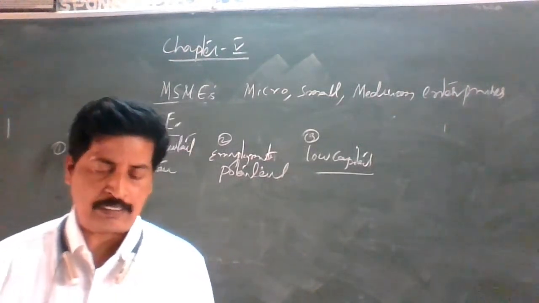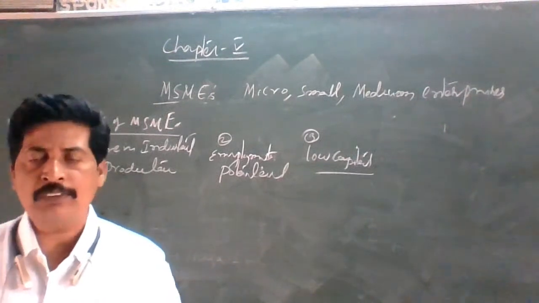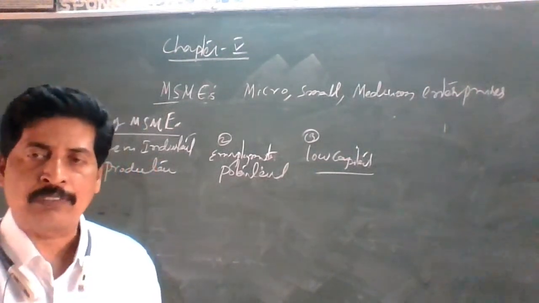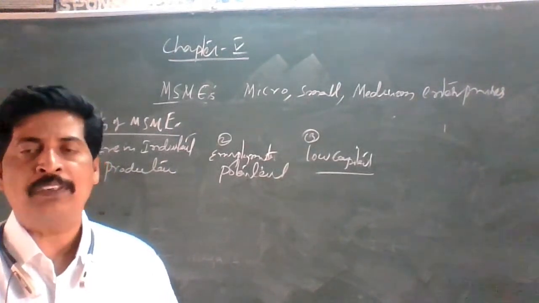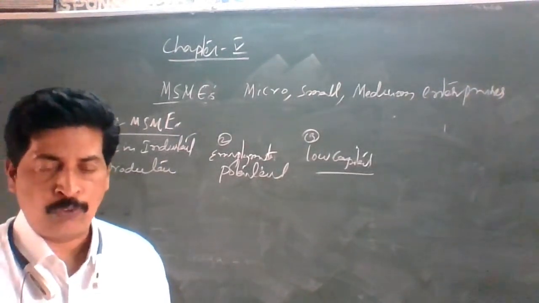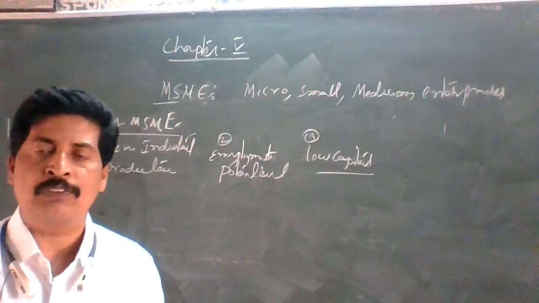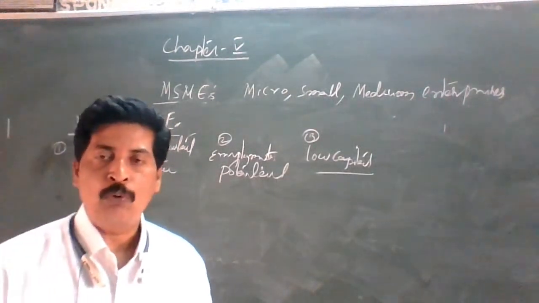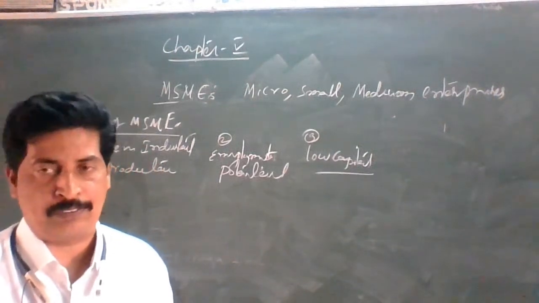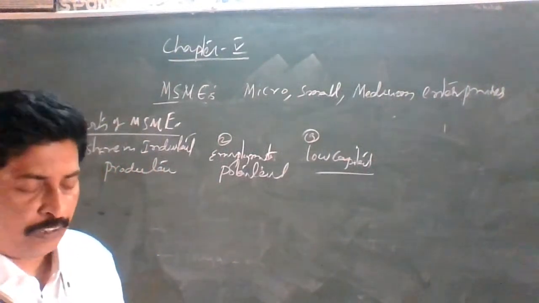As capital is scarce in our country, India always has a scarcity of capital. So if we give more importance to MSMEs, it requires only less capital, relatively less than large scale industries.